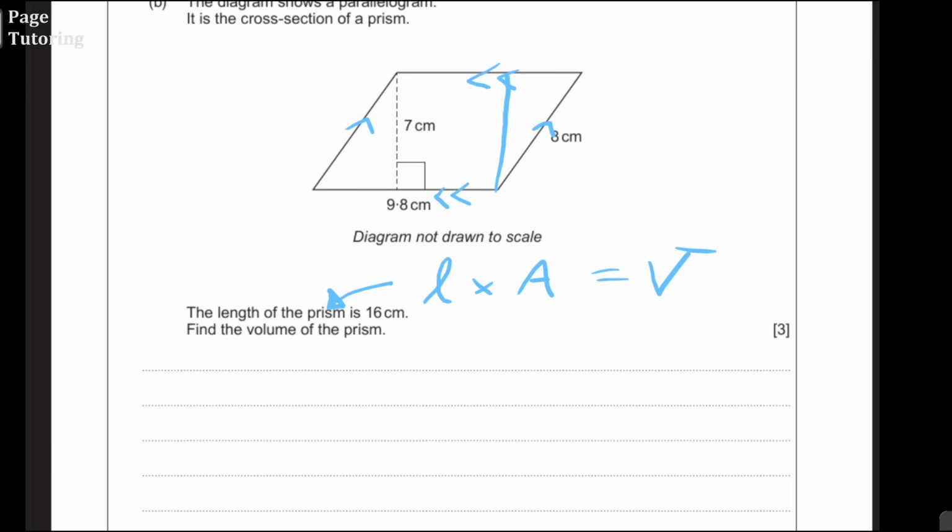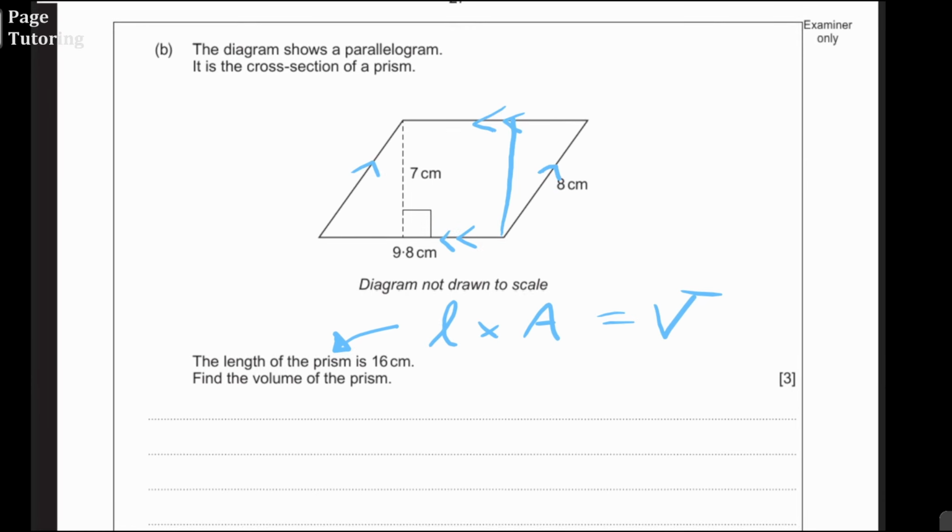Well, looking a little closer, it's already given us some things. Before we drew on our diagrams to show these are parallel sides, it's put a dotted line and it's put a right angle. It's showing you what the height is here, and it shows you what the base length is as well.